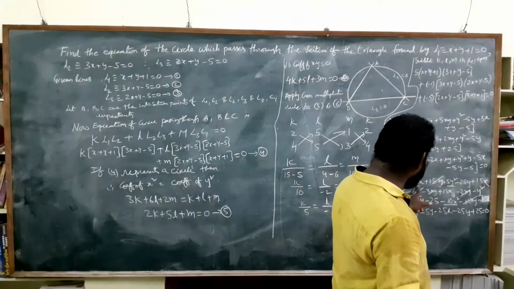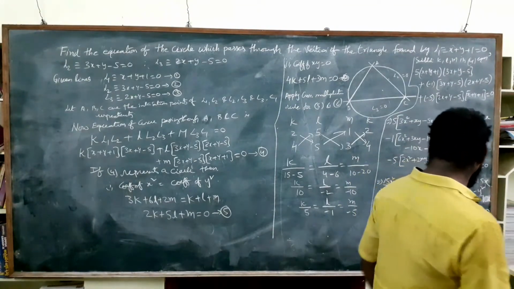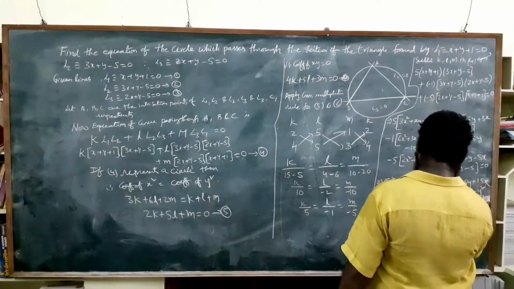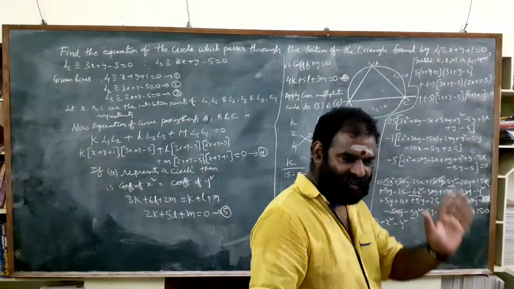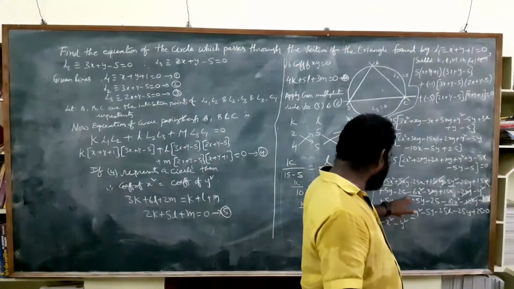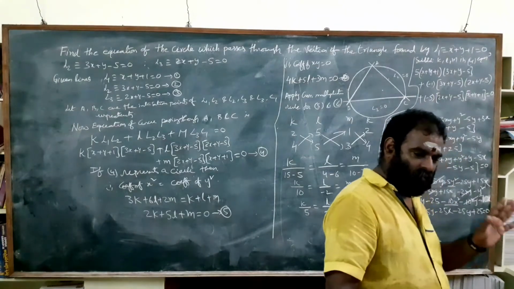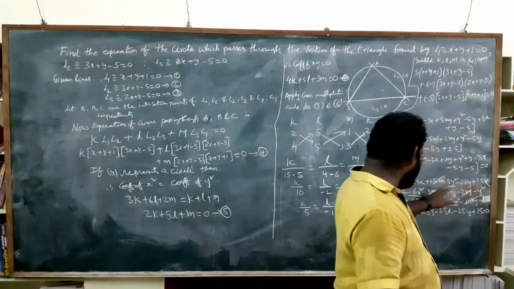Here it is minus 25x, minus 25x plus 15, minus 10x. And again here minus 25x plus 15 minus 10.